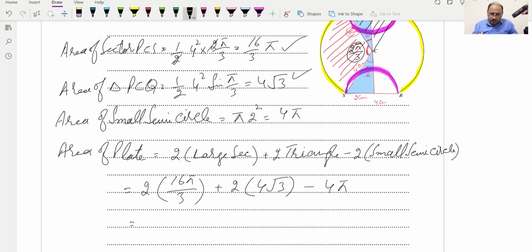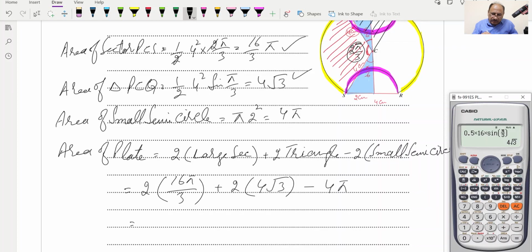So this will be equal to, we can take pi, basically 16 by 3, so we can calculate this directly. 2 into 16 and pi over 3, and then bracket close, and plus 2 into brackets will be 4 under root 3, and bracket closed, and minus 4 pi, and this will be equal to 34.8.